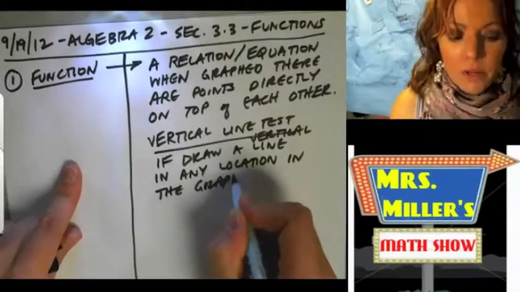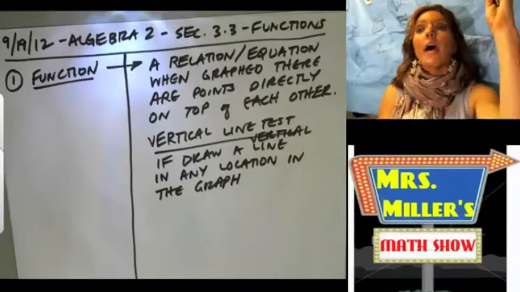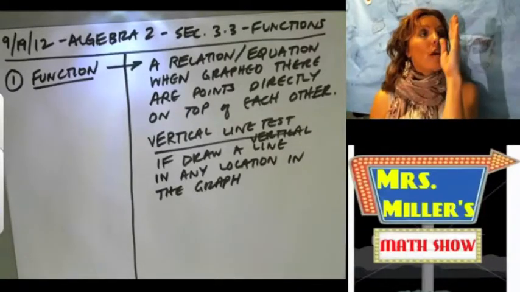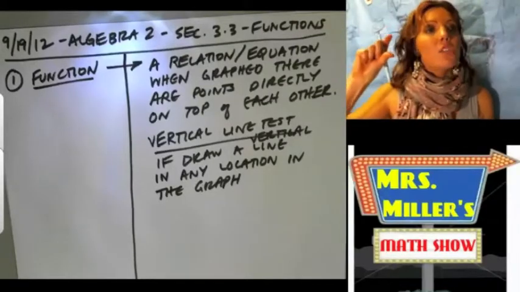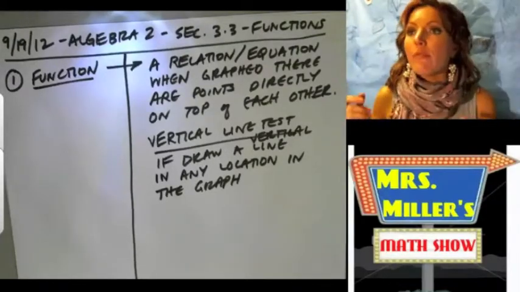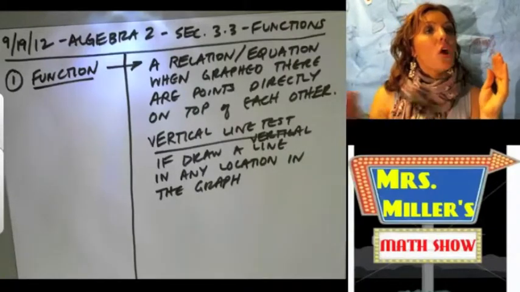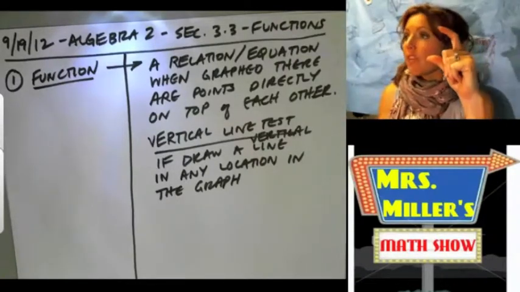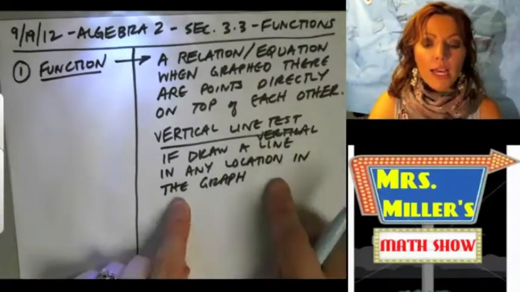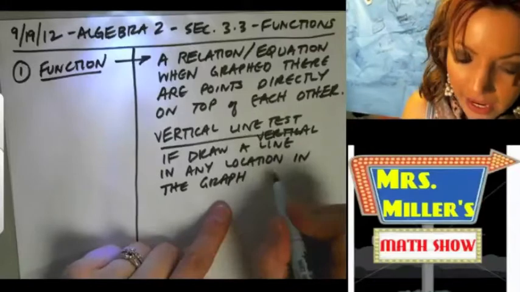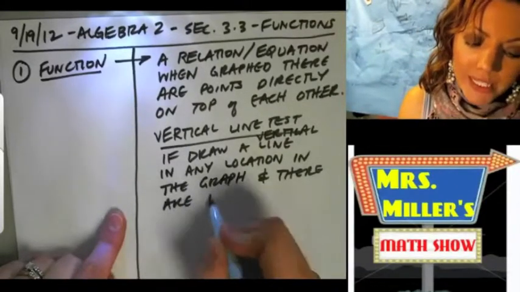So if you draw a vertical line at any location in the graph, remember vertical is up and down, and you have two or any points directly on top of each other, you do not have a function. So again, if you draw a vertical line in any location along the graph and there are points directly on top of each other, then you do not have a function.